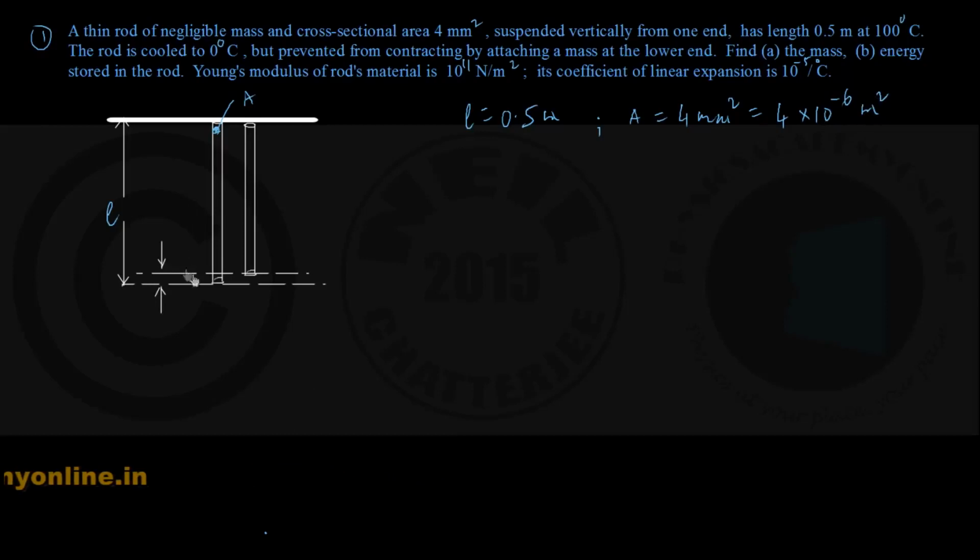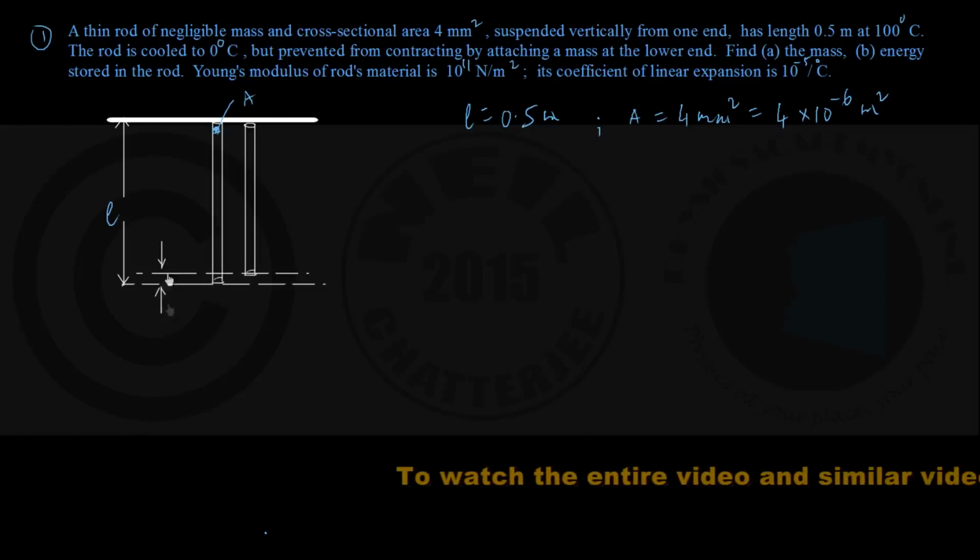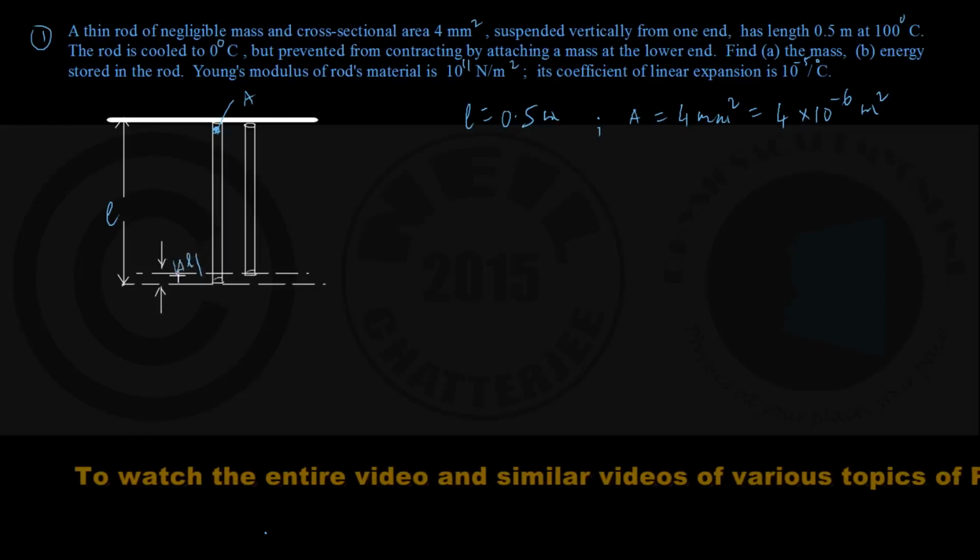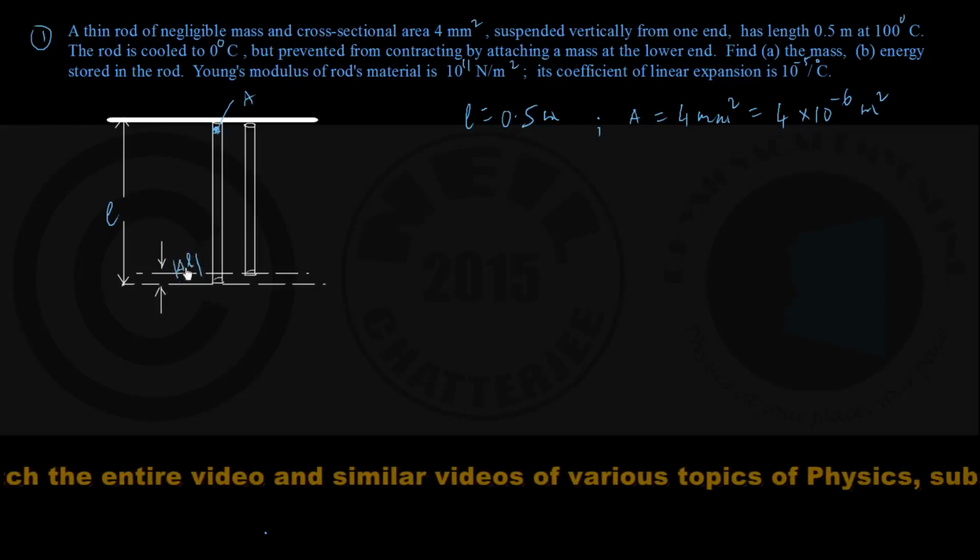And you see that as the temperature has gone down, under no other effect the length should have gone down from this to this, and therefore this distance is standing for modulus of delta L, where delta L is standing for the change in length.